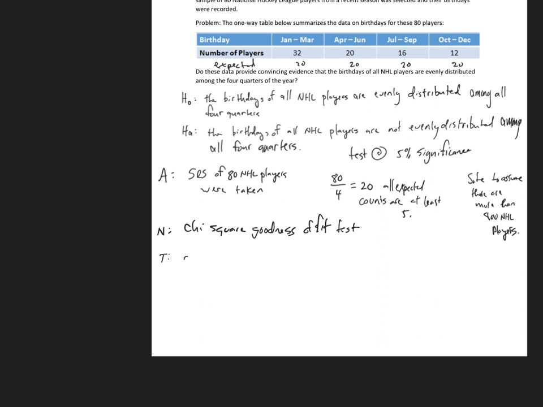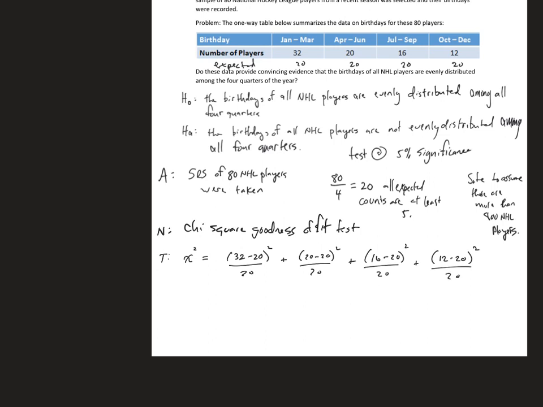So that chi-squared is equal to 32 minus 20, observed minus expected, quantity squared divided by expected, plus 20 minus 20 squared over 20, plus 16 minus 20 squared over 20, plus 12 minus 20 squared over 20.